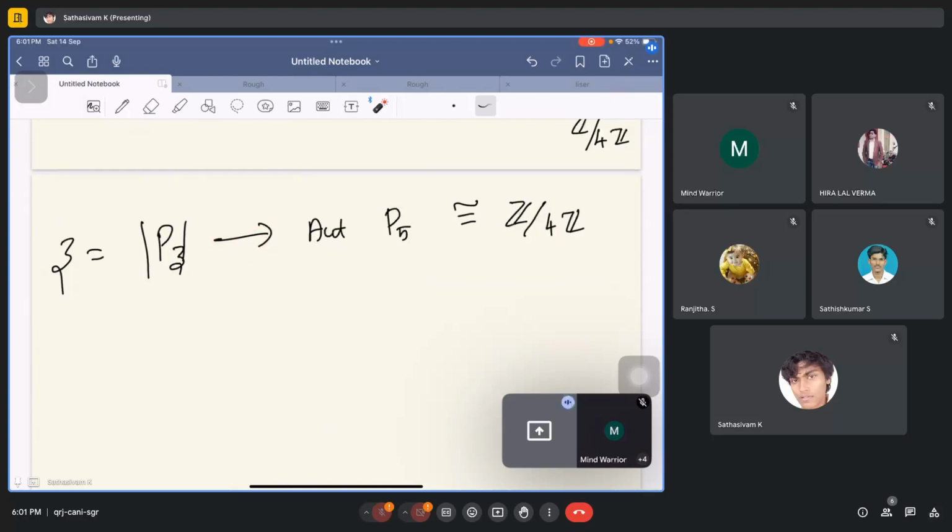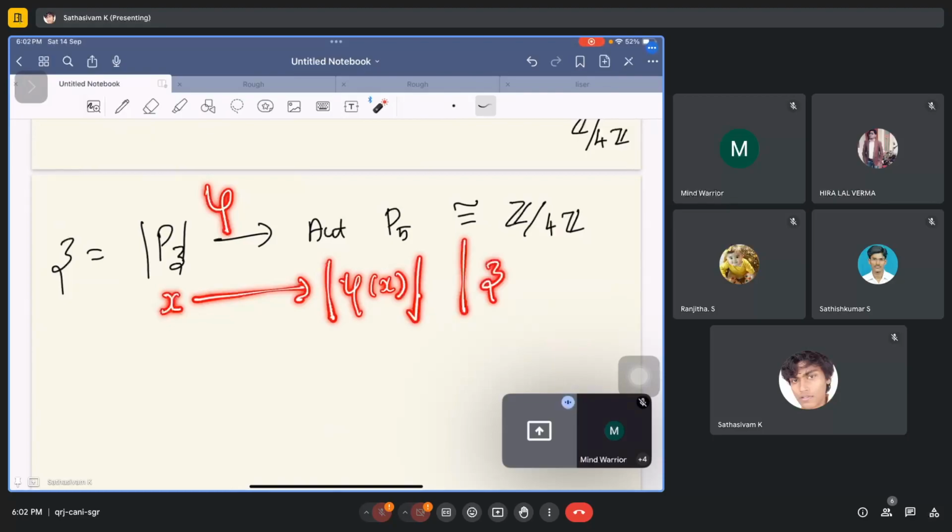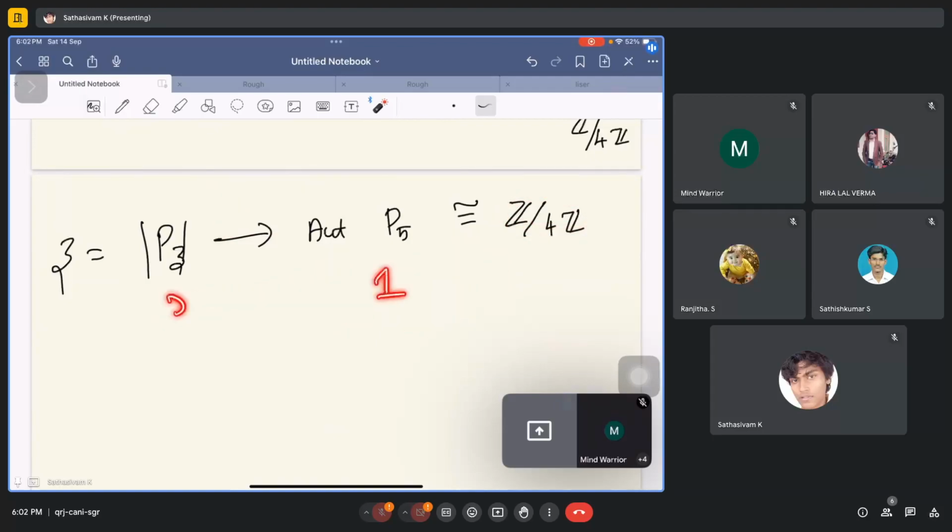Because you take any generator X here, and if it maps to phi of X, the order of phi of X must divide 3. The only element here whose order divides 3 is the identity. So the only possibility is you map the generator to the identity. Thus, this phi is the identity.